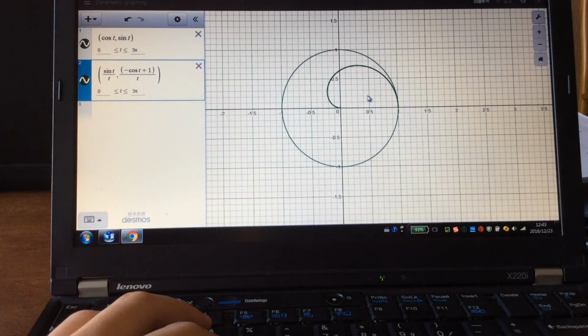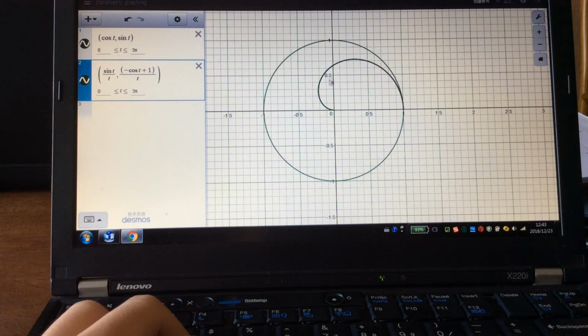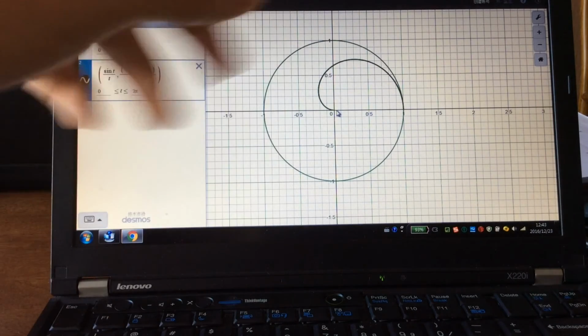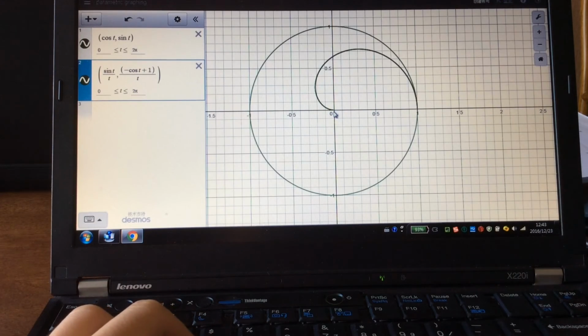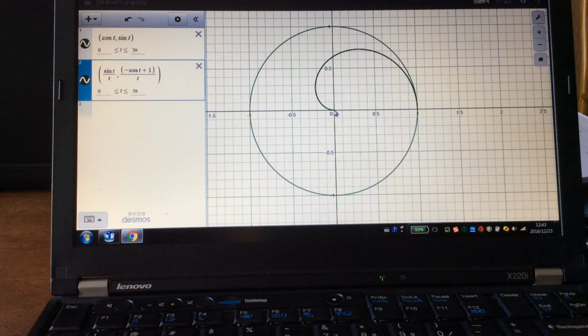Okay. We can see that the function matches with our prediction. It stays in the upper part of the xy plane and it ends up at the origin when t is equal to 2 pi. So in this case, we can conclude that our function is the right answer.